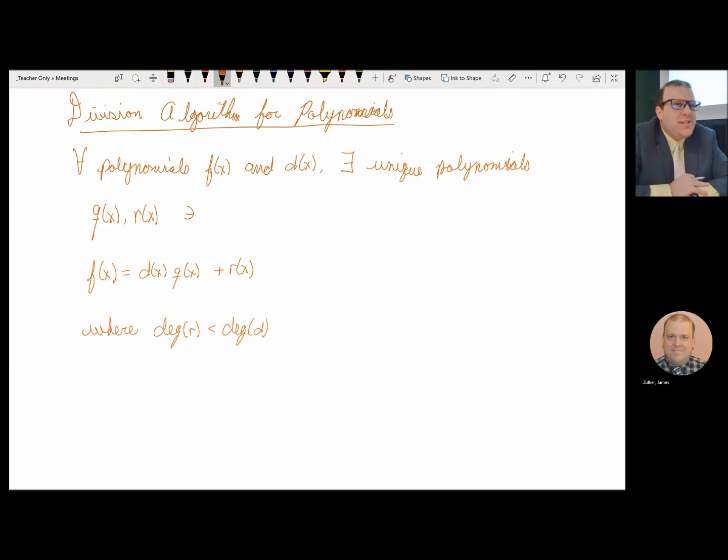Q of x is your quotient, r of x is your remainder. D of x is the divisor. If you want to get really into it, f of x is the dividend.